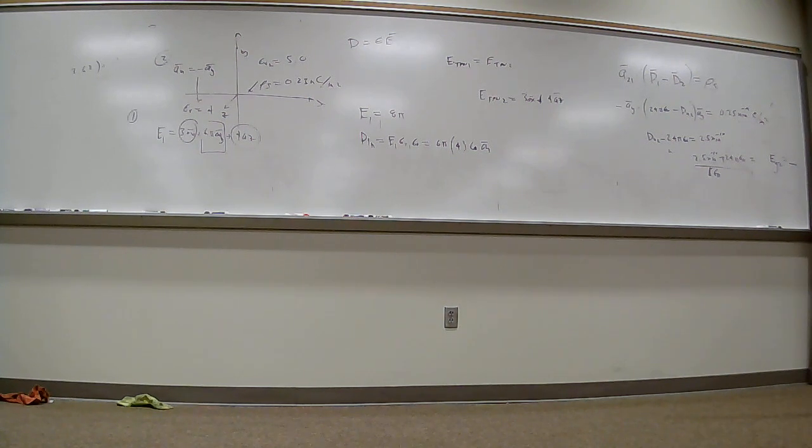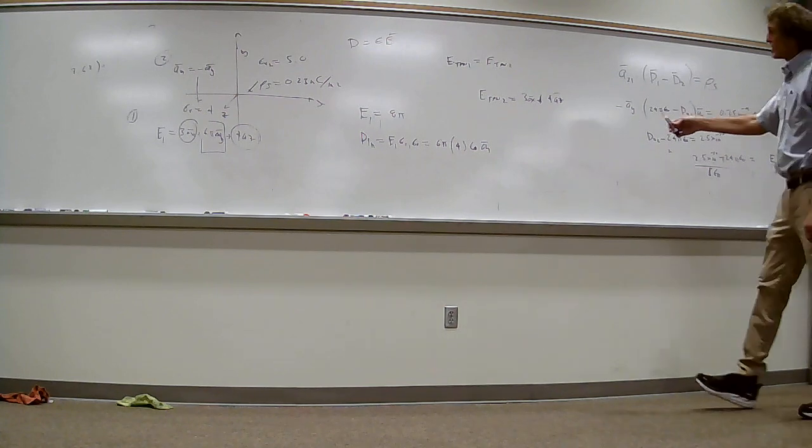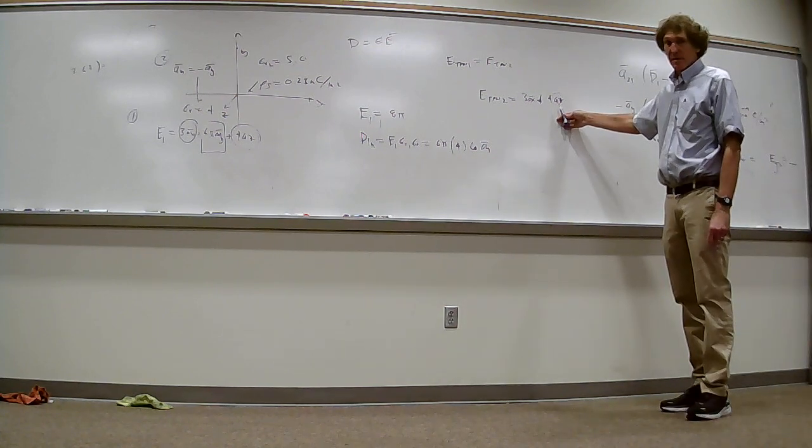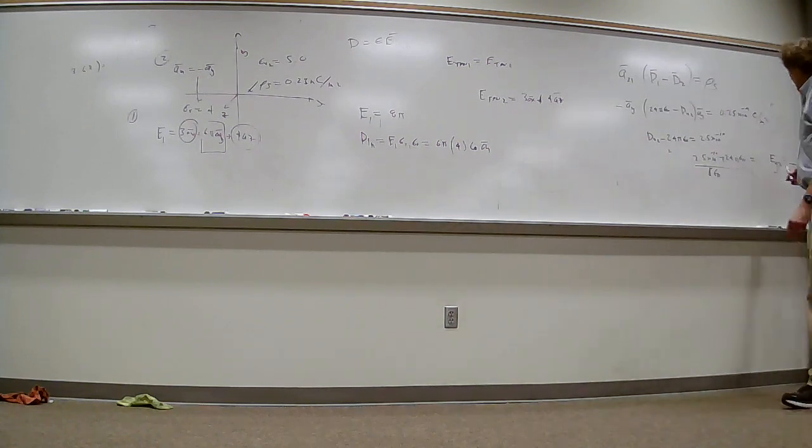For the E field in region 2, he should have 3AX plus 4AZ. Do you see those two numbers? All right, now this would be the Y component right here. You're going to have to tell me what that is. I can't tell that off the top of my head. I'm not sure. Anybody?